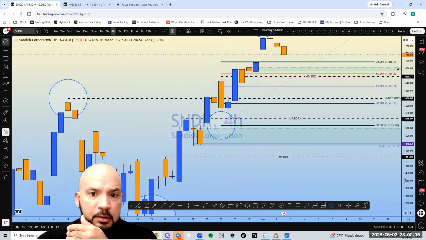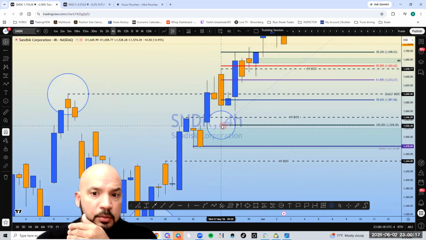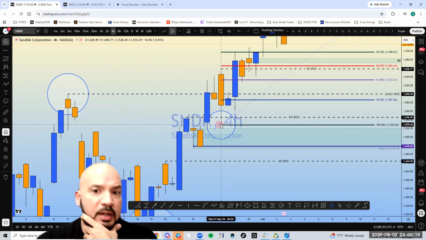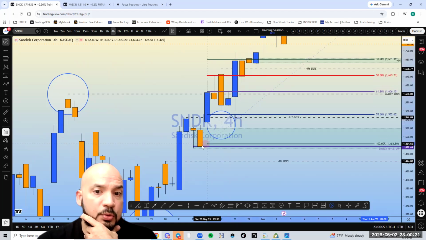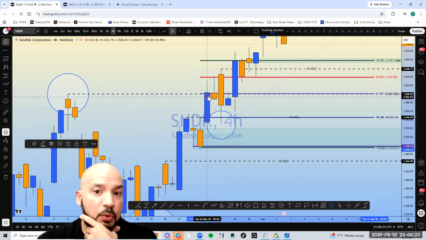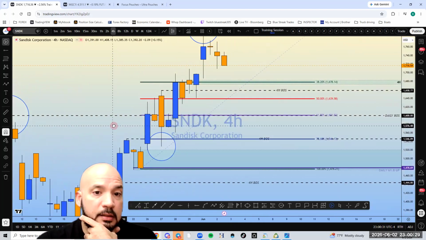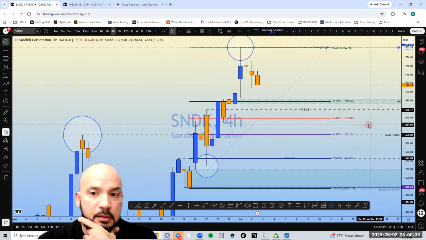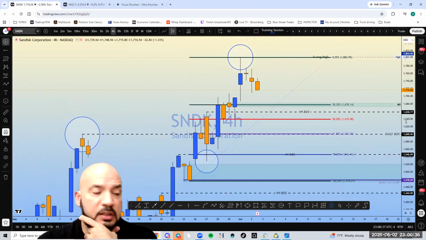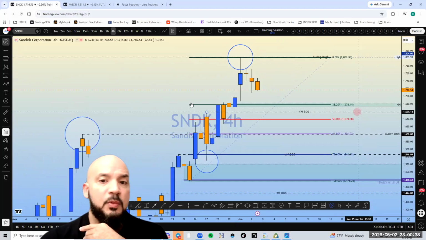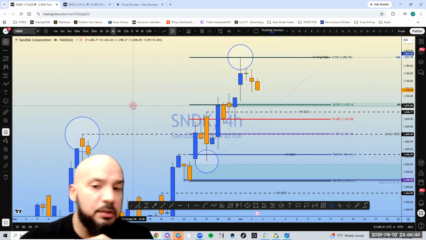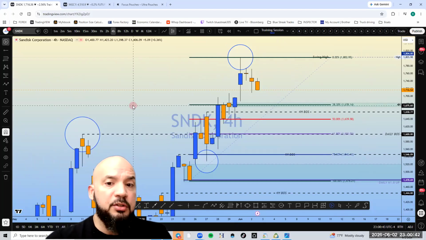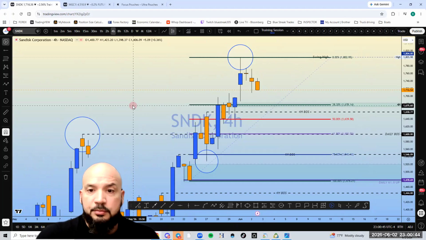Let me make it bigger. So then I said, okay, let me see what happens if I move point A to the last low before the break of structure. And look what we got. What do you see here? Where is the 618 sitting? When the market breaks structure, it tends to do what?